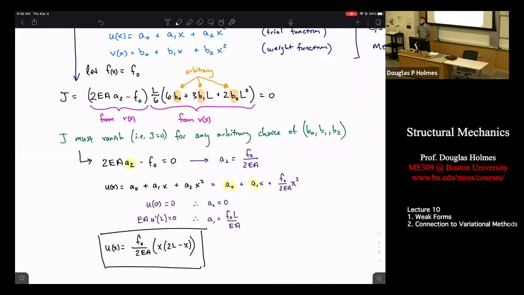Okay, this is what's happening here. It's telling us what the stretch is, what the displacement of material points are along our beam when this beam is experiencing a distributed load. So you have some beam from here to here.